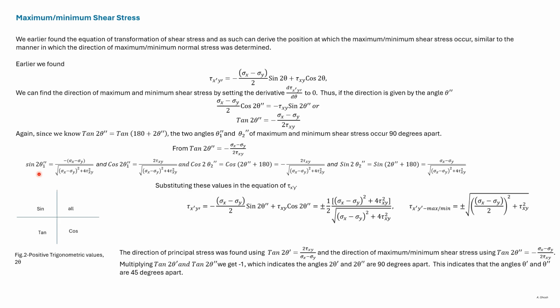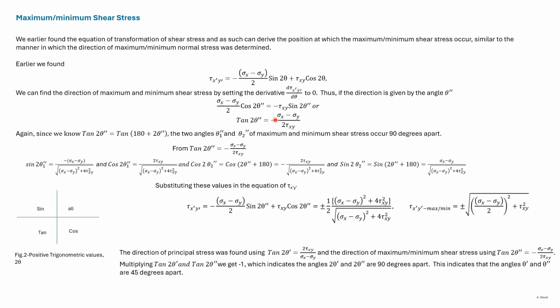Sine 2 theta double dash 1 will be positive, and cos 2 theta double dash 1 will also be positive. Then the plane of maximum shear stress will be in the first quadrant. Cos 2 theta double dash 2 would be negative, and sine 2 theta double dash 2 will also be negative. So the plane of minimum shear stress will be in the third quadrant.